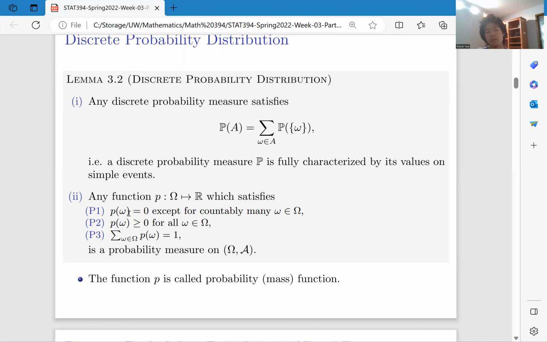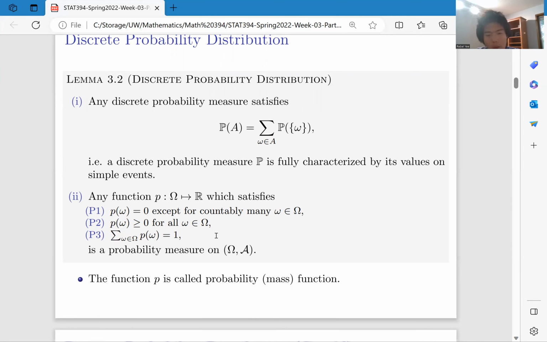Then each of them must have zero value. If any of them had a positive value and you added them together, it would go to infinity. So that's what the first property says. For the second one, it's very obvious: probability must be positive, or at least non-negative, so it is always greater than or equal to 0. And the third one is that the probabilities of all the events sum up to 1. That is also in the definition of a probability distribution. So that's our definition of a discrete probability distribution.